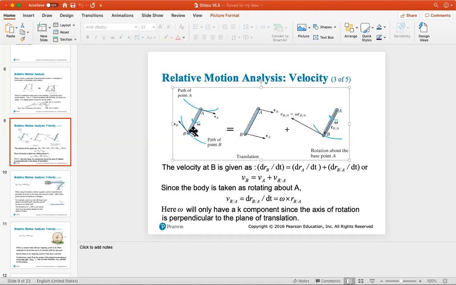All right. Now, as you guys know, you can decompose vectors however you want.